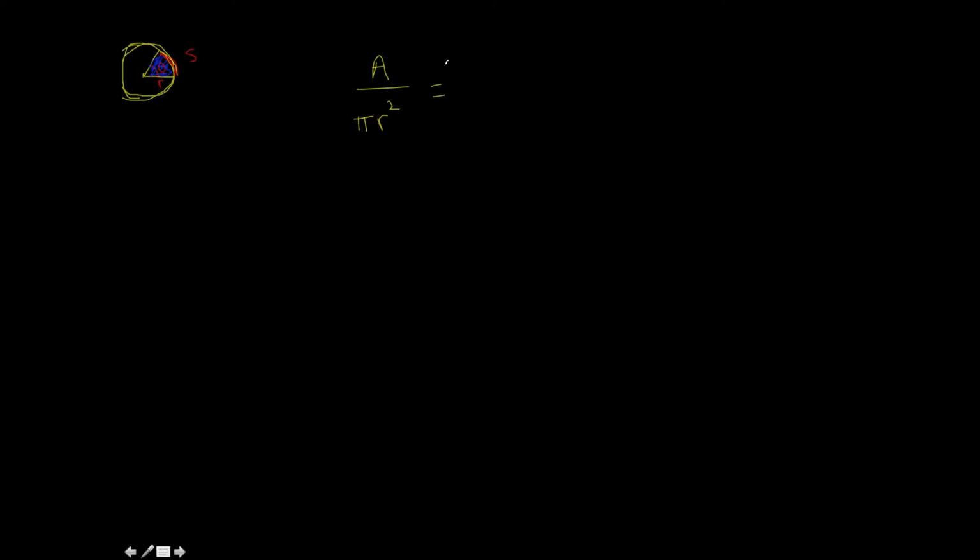That's equal to theta, which is our angle, over the full angle of our circle, which here would be 2 pi in radians. Let's solve this for A. A times 2 pi equals theta times pi r squared. Divide by 2 pi.